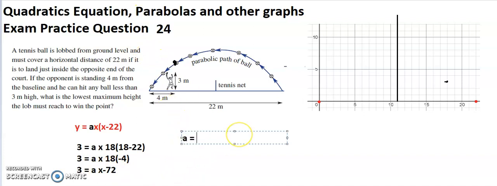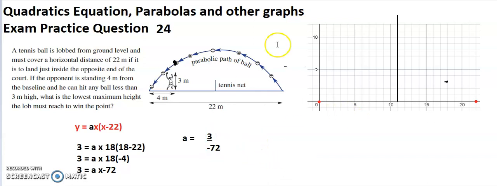I would like to get a by itself. To get a by itself, I need to divide both sides by negative 72. So if I divide both sides by negative 72, I'm going to get 3 divided by negative 72.